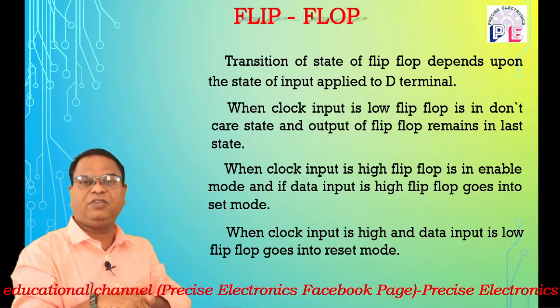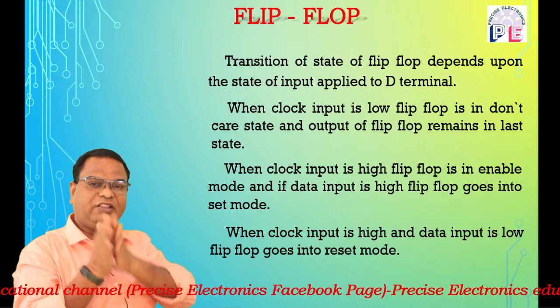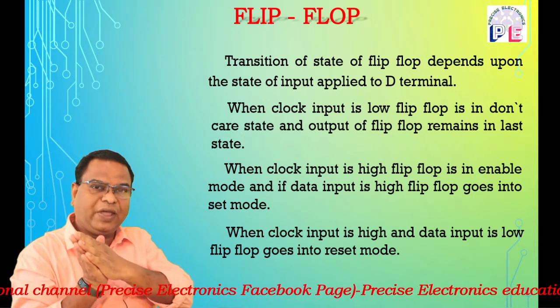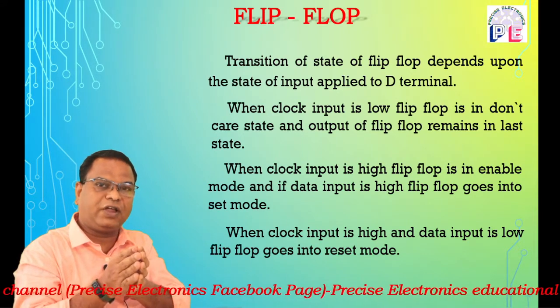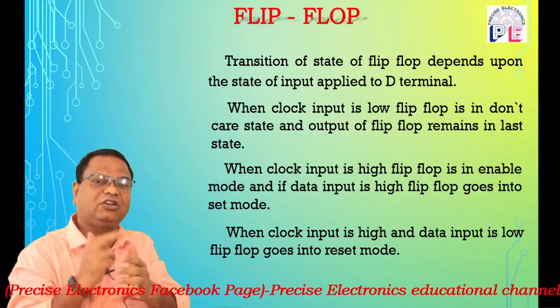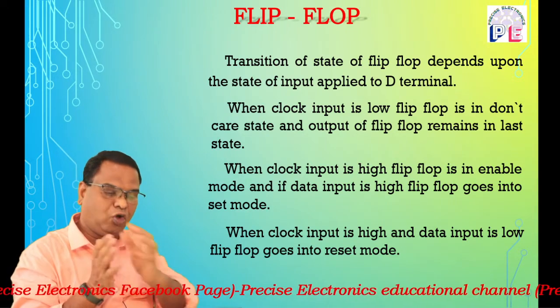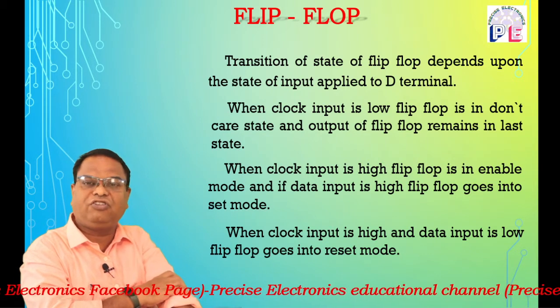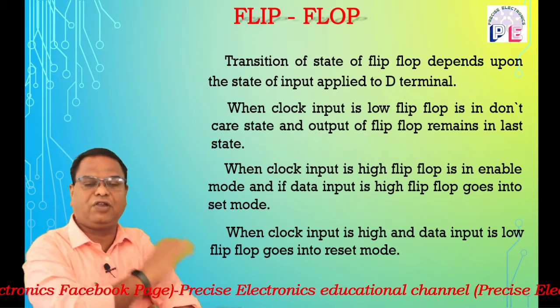That means the flip-flop is in reset mode. So in this case, the positive edge is applied to the flip-flop, and as per this positive edge, the flip-flop changes its state. The transition of state occurs. This flip-flop is known as a positive edge triggered D flip-flop.